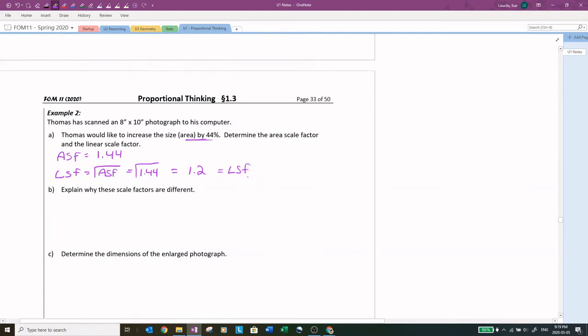Why are these different? Well, like I talked about before, I'm going to type this out so you can read it. Increasing the linear dimensions increases the area in 2 dimensions, length and width.